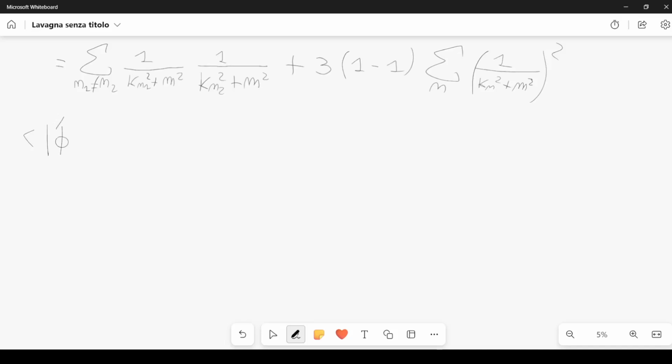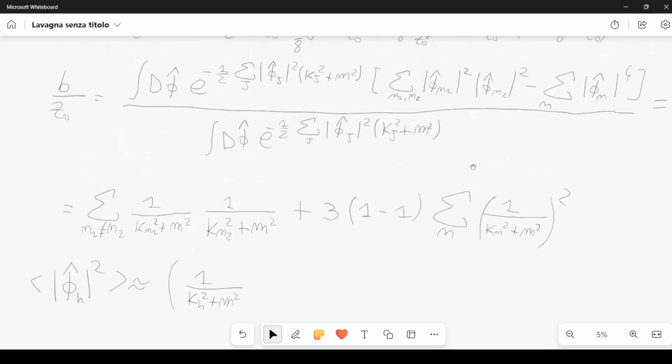Average of mod phi hat sub h squared, this is approximately equal, and I'm putting this approximation symbol because remember that we are going to truncate our expansion to order lambda. And here the first term is 1 over k sub h squared plus m squared. This is just the free propagator, if you think about it.